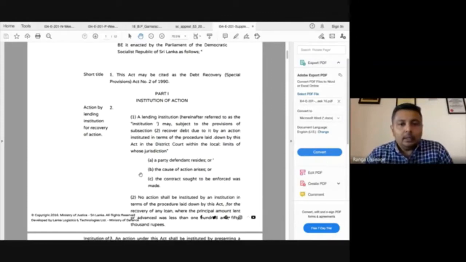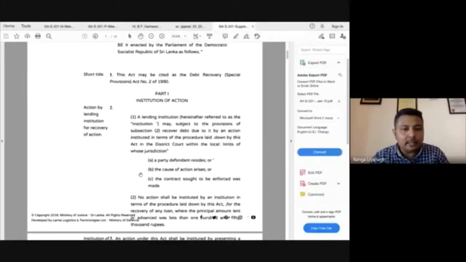I hope you all have your Debt Recovery Act with you. This is of utmost importance, my dear students. Understand that each and every single provision of this Act is equally important, because all of them are there for a particular reason.